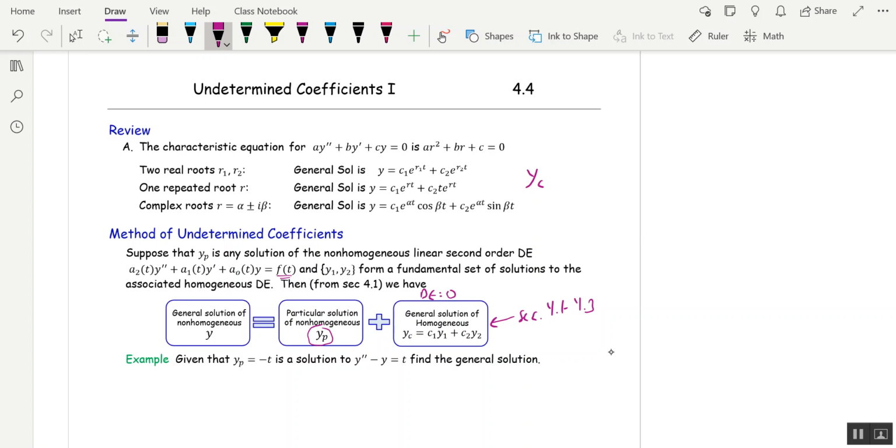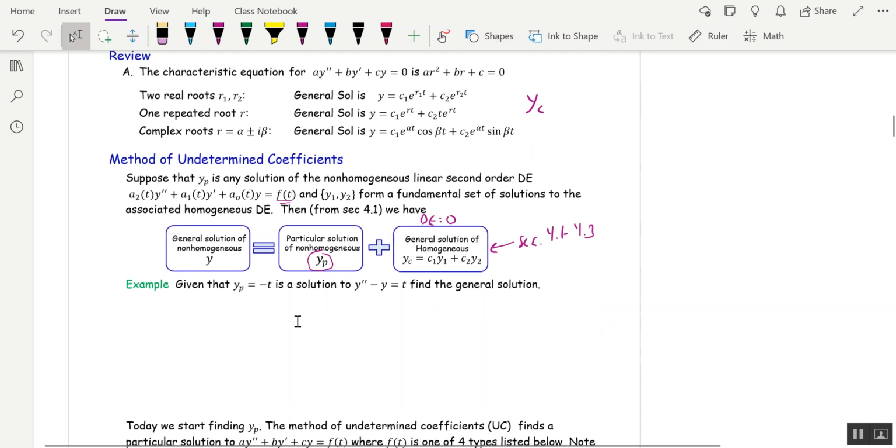All right, so here's just a simple example. Given that yp is negative t, so given that that's a solution of this non-homogeneous differential equation, find the general solution. All right, so the general solution will be yc plus yp. So we need yc, which is the general solution of y double prime minus y equals 0.